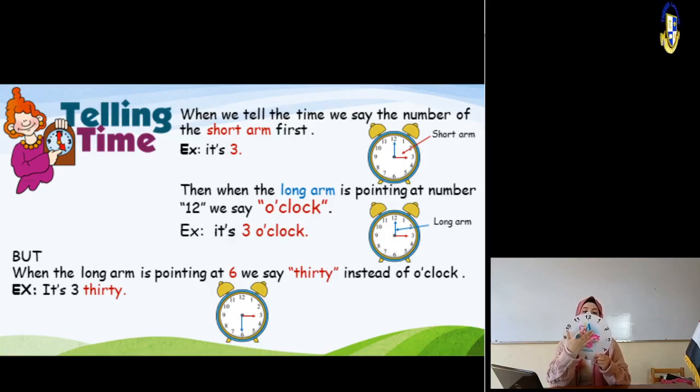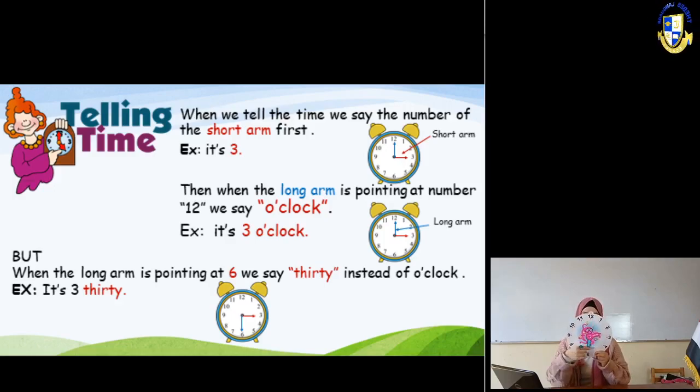At 12 it will be 3 o'clock. But like this it will be 3:30. Again, when the long arm points to 12 up, it will be o'clock. 3 o'clock.